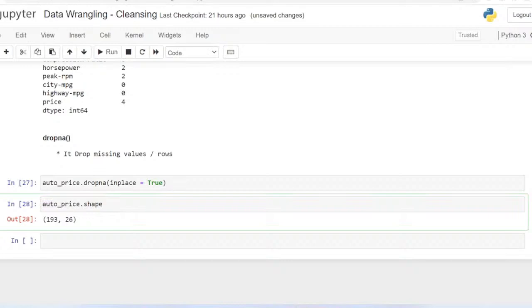Then we check the shape of my auto underscore price. From 205, our new shape becomes 193. So we have lost about 11 or 12 rows of data, which is okay.